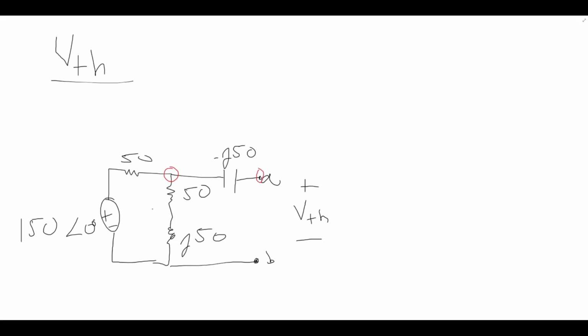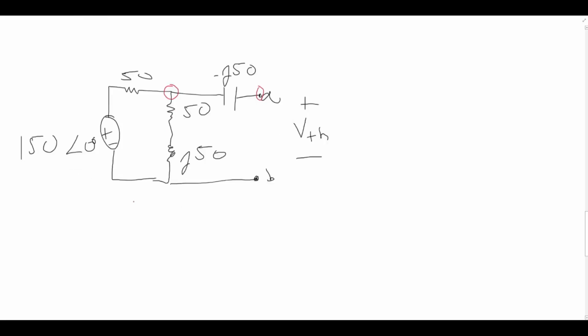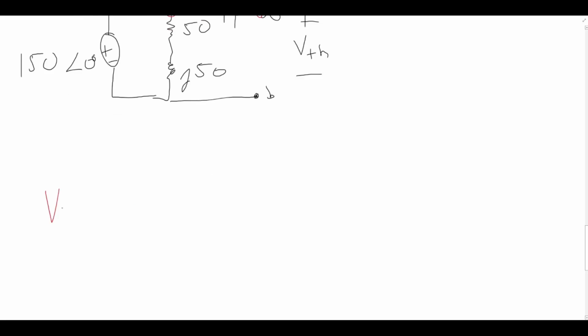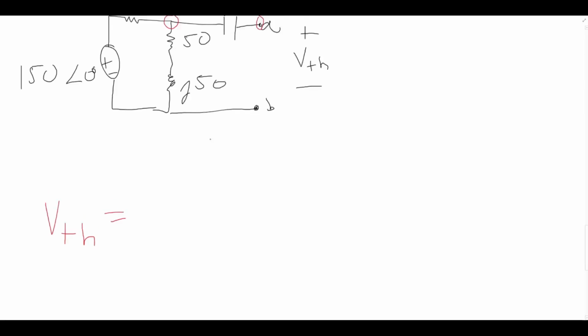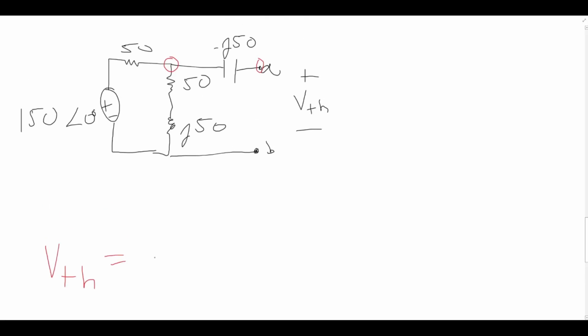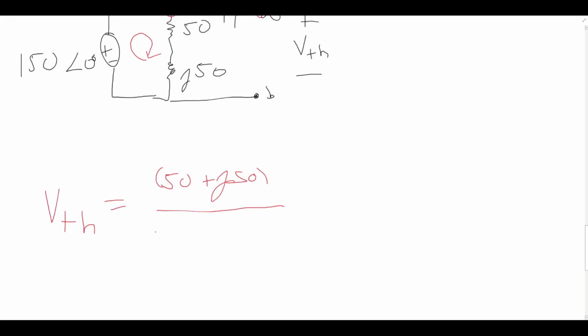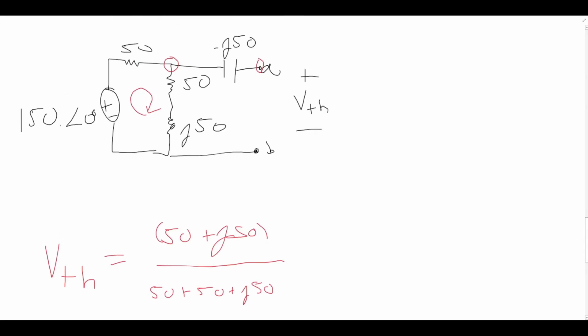Because of that, we can use a voltage divider. So V Thevenin will be equal to the resistance from A to B, which is 50 plus J50 ohms, over the total resistance of our circuit, 50 plus 50 plus J50 ohms, times our voltage source, in this case 150.